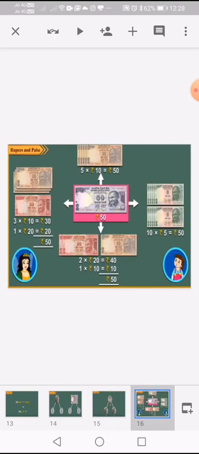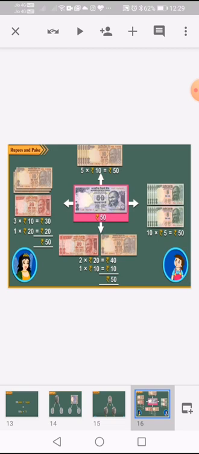Now look here, this is a paper note of rupees 50. Now look, there are different types of Indian currency paper notes. Now see here, 3 notes of 10 rupees means 3 into rupees 10 is equal to rupees 30. 20 rupees is 1, so 1 multiplied by rupees 20 is equal to rupees 20.